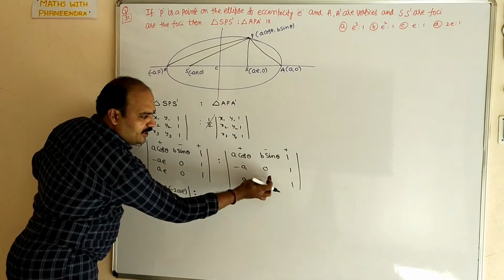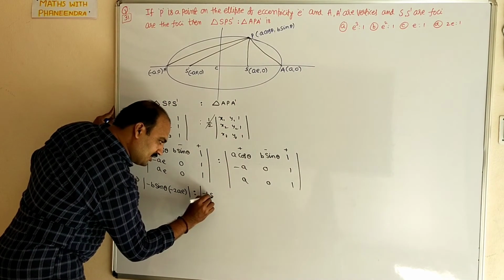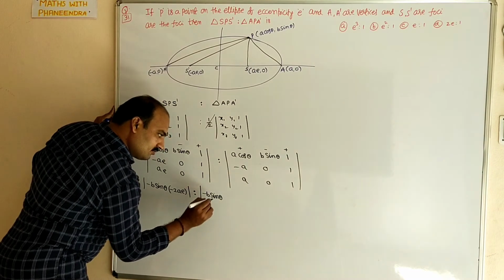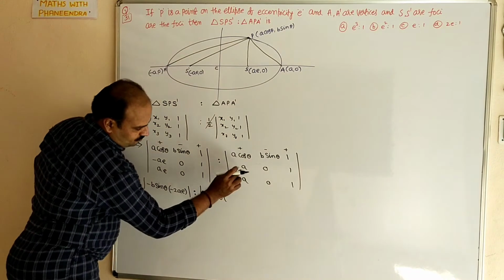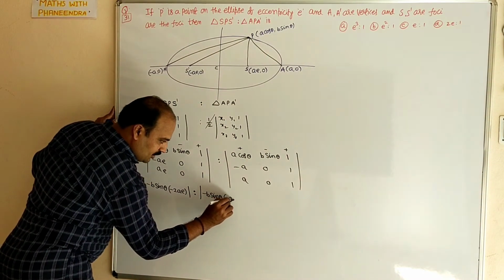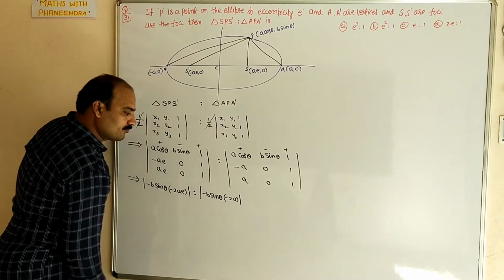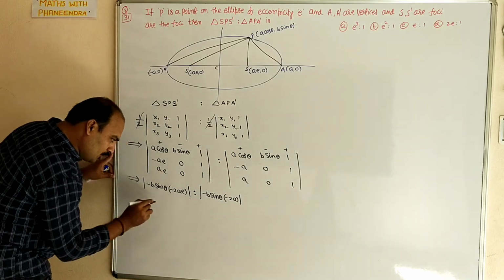Next, a cos theta into 0 minus 0, minus b sin theta into minus a plus a, it's minus 2a. Plus 1 into 0 minus 0, no need to write.